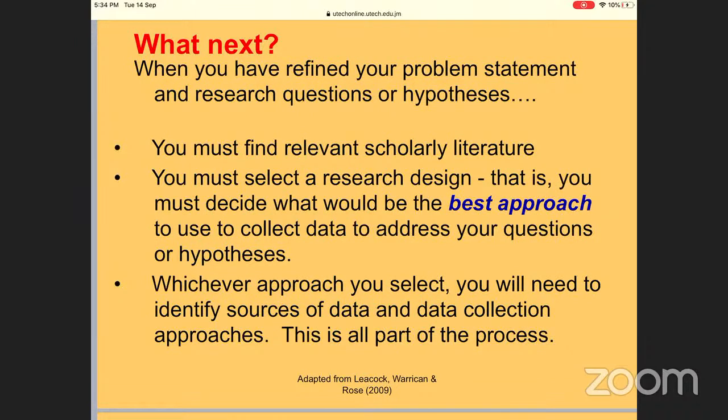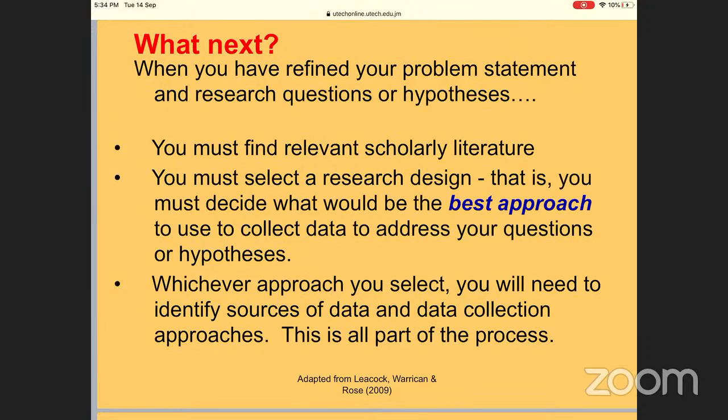I've been thinking ever since if I can give a step-by-step, but it's really tricky because it's an iterative process. But you must find relevant scholarly literature, and that is in places called journals. So you want to look for good journal articles, and then once you find your topic, one of the important parts is a research design.